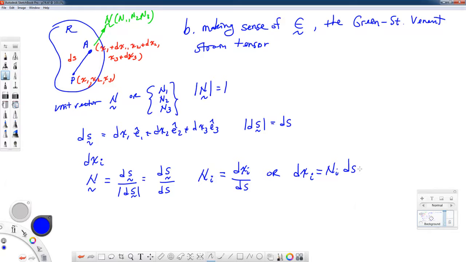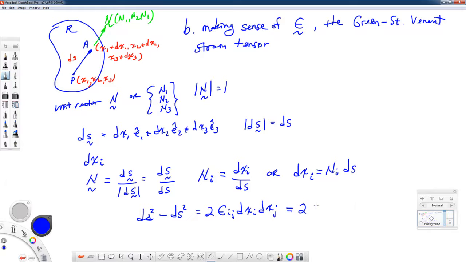And so for the change in the square of the lengths, in the previous lecture we had d script s squared minus d regular s squared is equal to 2 times what we call the Green-Saint Venant strain tensor epsilon ij, dxi and dxj. Both of which now we can write in terms of the unit vector n.